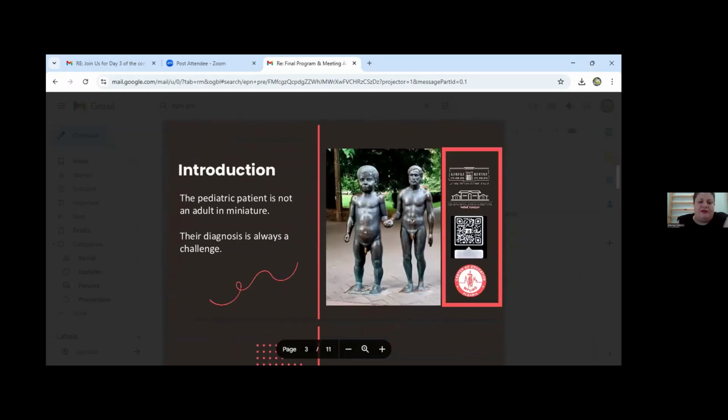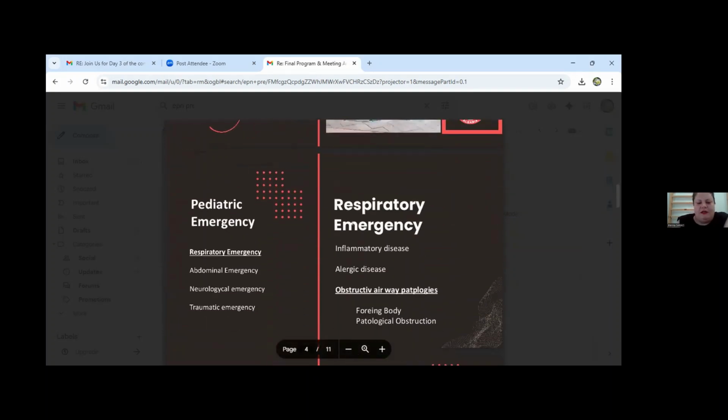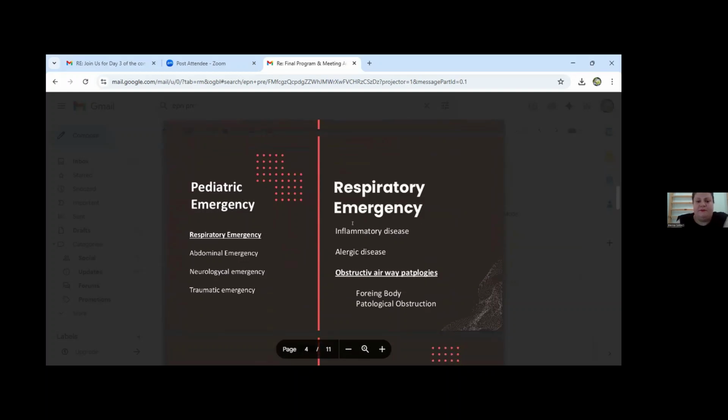A pediatric patient is not an adult in miniature. Their diagnosis is always a challenge, and I said this in the last presentations too. Which are the most important cases that bring a patient to the pediatric emergency room? Respiratory emergencies are the most important, then abdominal emergency, neurological emergency, and traumatic emergency.